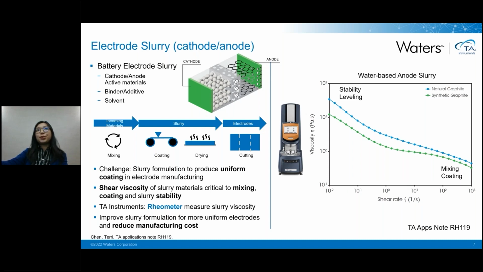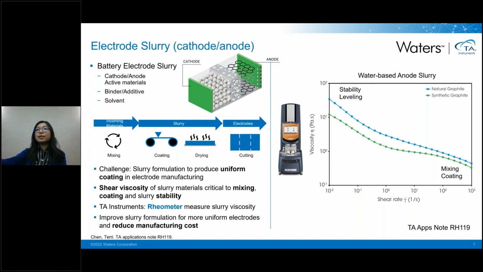The electrode slurry is made by mixing cathode or anode active material with different binder and additives into a solvent to make the slurry material.